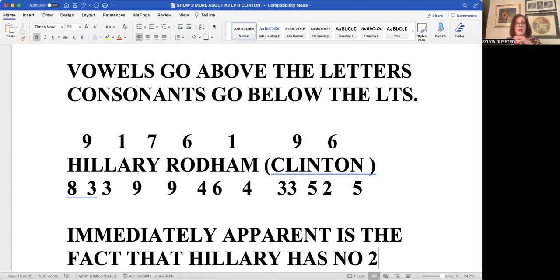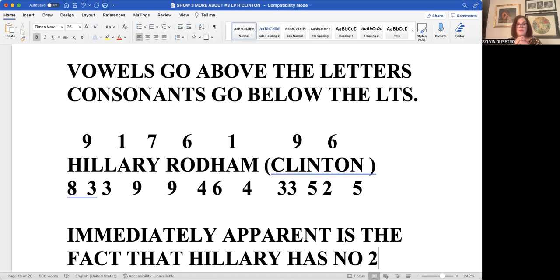So from what I'm looking at, just in Hilary Rodham, she is missing the 2 vibration. She's got no B, no K, and no T in Hilary Rodham. And she's missing the 5.